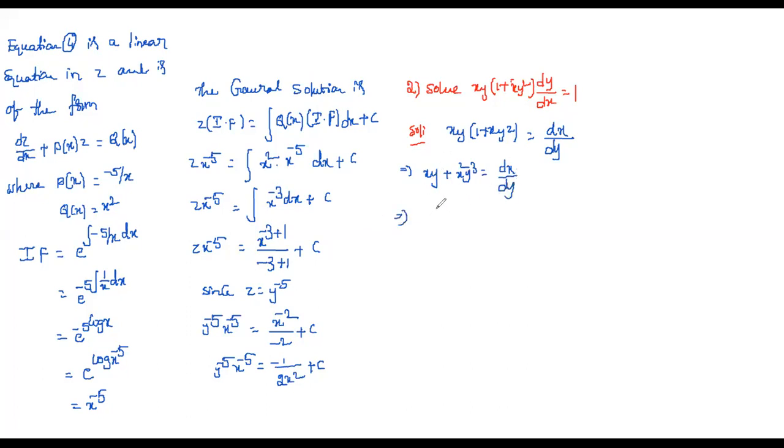If you take that to that side, then what will we get? dx by dy minus xy is equal to x square into y cube. Is this in the form of Bernoulli's equation or not? So this is a Bernoulli's equation of the form dx by dy plus p of y into x is equal to q of y into x power n.